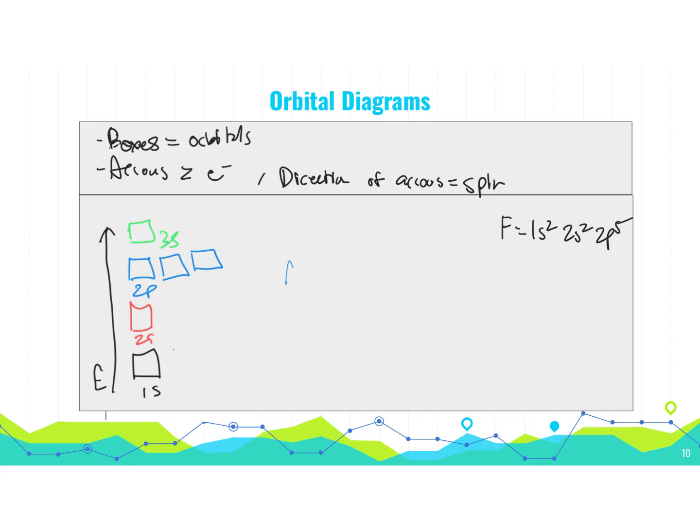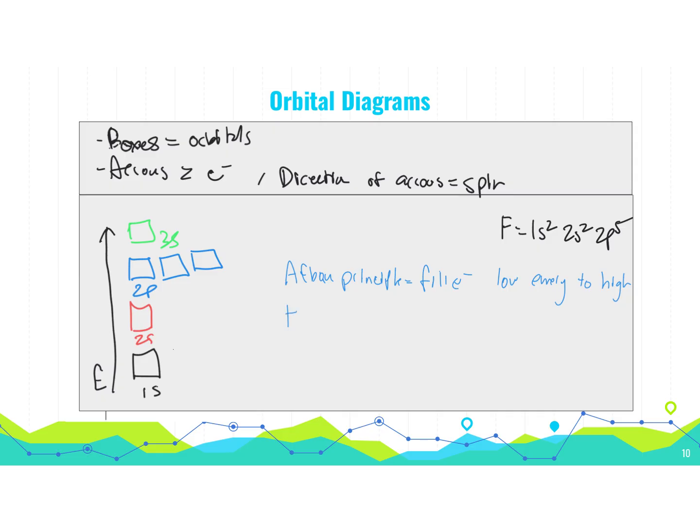The first is the Aufbau principle, which says that you fill electrons from low energy to high. And so you're not going to start filling electrons up in the 2s or 2p or 3s orbital. You're going to start at the lowest energy, which is the 1s orbital.